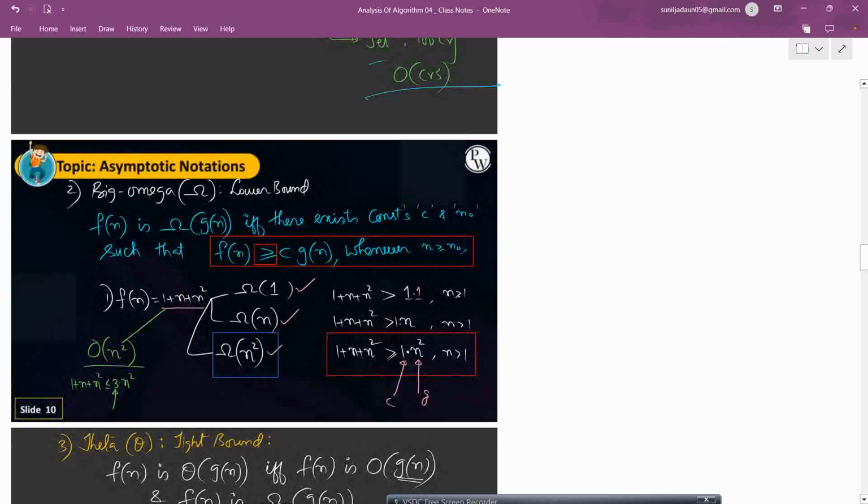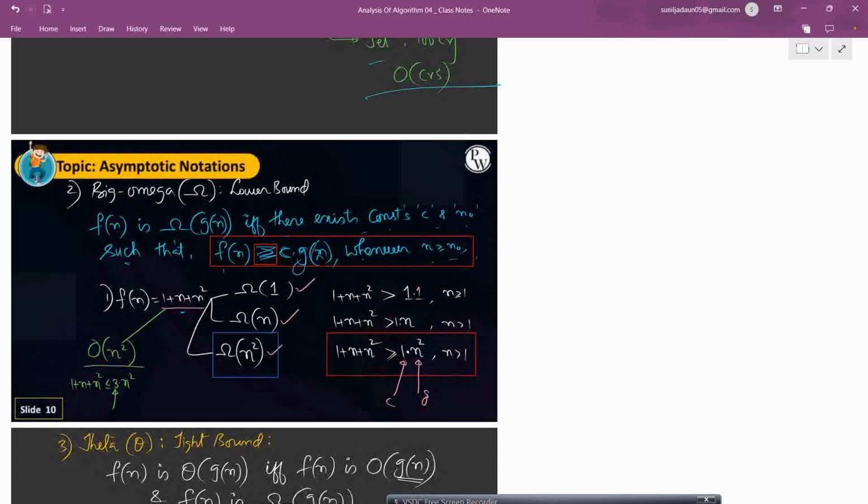Big omega notation is the lower bound. F(n) is big omega of g(n) if and only if there exists a constant C and n0 such that f(n) is always greater than or equal to C times g(n), whenever n is greater than n0.